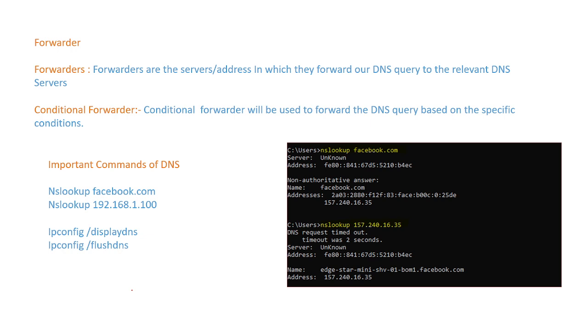The person who forwards the query to the external world, we call as forwarder. Those forwarders are nothing but Google DNS, like 8.8.8.8 is Google DNS. Whenever you are having the internet, if it is Jio, they will have their own forwarder. If you are using Airtel, they will have their own forwarder. If you don't have any forwarder, you can use Google DNS server as forwarder. That is, Google DNS server is 8.8.8.8.